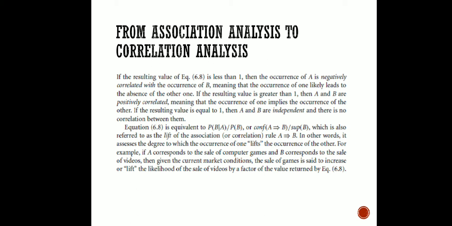Equation 6.8 was the probability of A union B divided by the probability of A multiplied by the probability of B. If you write it in this manner, the probability of A union B divided by the probability of A, multiplied by 1 over the probability of B, then the probability of A union B by the probability of A is nothing but the conditional probability, B given A. Now B given A is what? My confidence, as we have learned. So it will be the confidence of A implies B, and the probability of B here will be only the support.